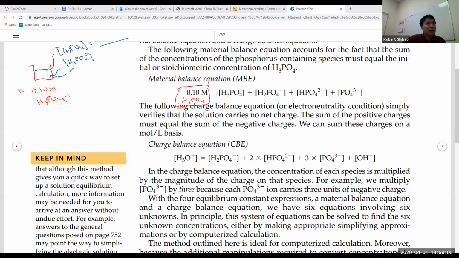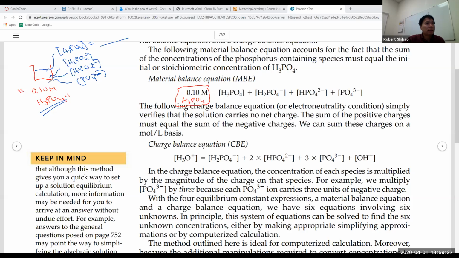And some of this will hydrolyze into monohydrogen phosphate. And some of this will hydrolyze into phosphate here. And so it turns out that I don't just have H3PO4, I have these 4 species.